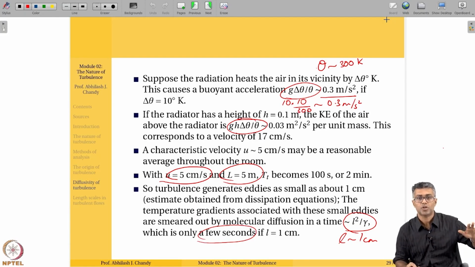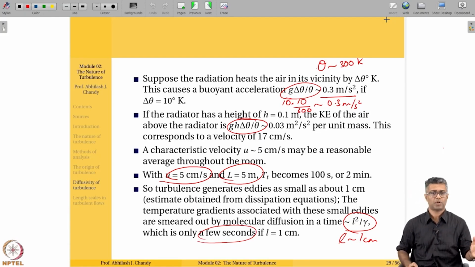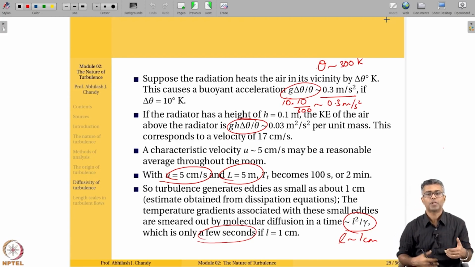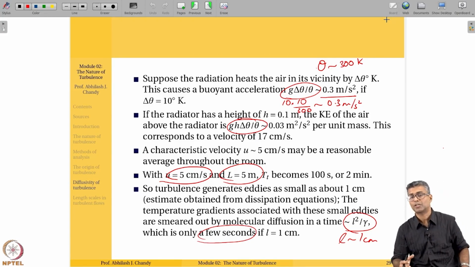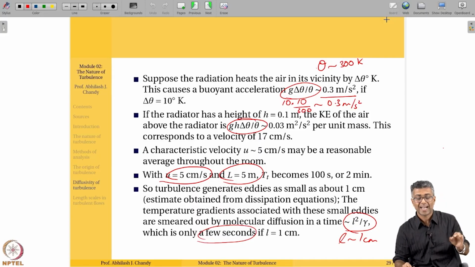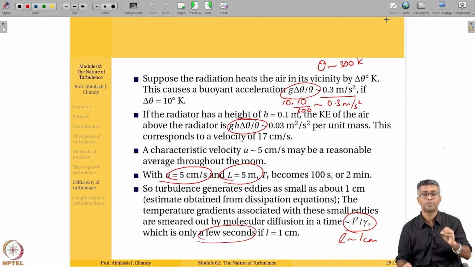Using this U, an RMS amplitude of approximately 5 centimeters per second, and an L of 5 meters, we came up with a turbulent time scale of approximately 2 minutes. So that's the difference: 100 hours in a laminar flow versus 2 minutes in a turbulent flow. That alone showed you how fast the mixing is in a turbulent flow.